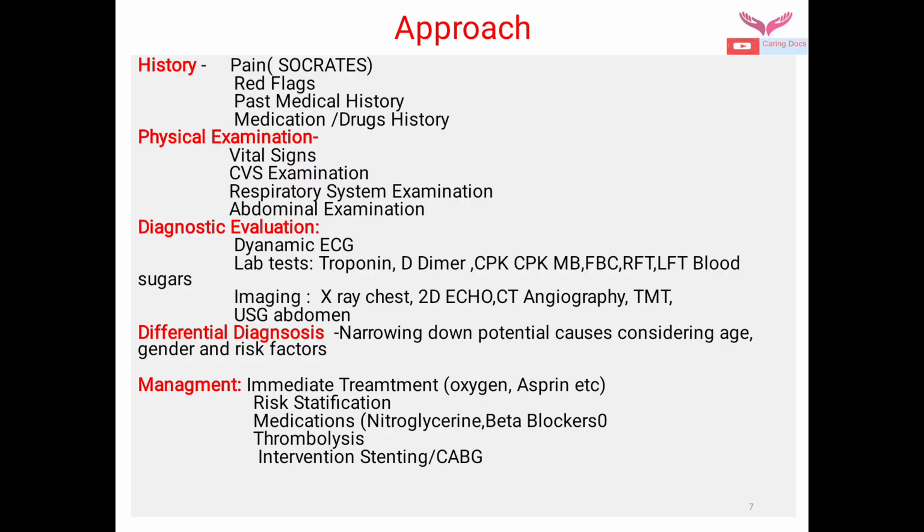In physical examination we will monitor pulse, blood pressure, respiratory rate, do CVS, respiratory system and abdominal examination, and based on the findings do ECG, lab tests like troponin, D dimer, CPK, CPK-MB, routine RFT, LFTs, X-ray, 2D echo if required, and especially where we suspect pulmonary embolism we will do angiography, also CT angiography.